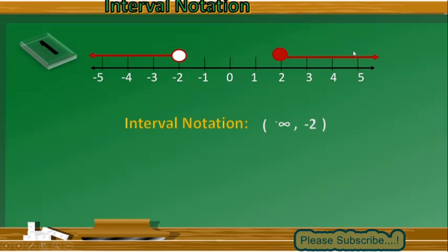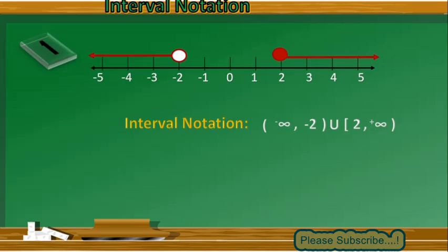We notice that we have two sets of points going to infinity, so we use the union symbol, which means there are two sets we consider. From here we have a closed point, so we use the bracket, then 2, comma, positive infinity, then close parenthesis.